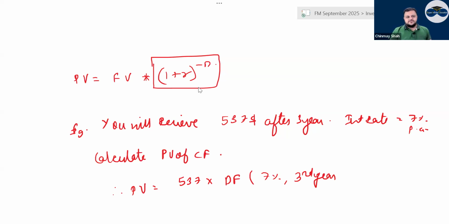Let me open up the discounting table. Give me the discounting rate: 0.816. Yes, you had got it perfectly. There was no tension there.